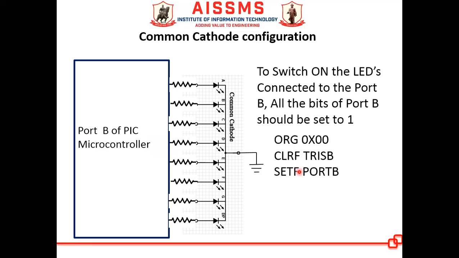These are the two lines of code which will switch on all the LEDs connected to port B. CLRF TRISB will configure port B as output port, and SETF PORTB will set all the bits of port B, which in turn will switch on all the LEDs.